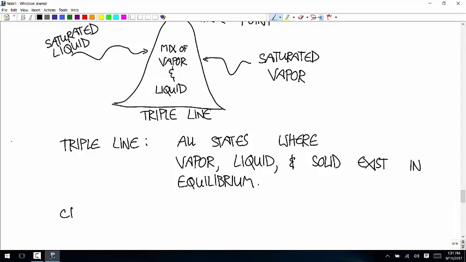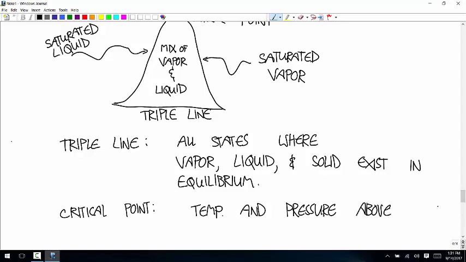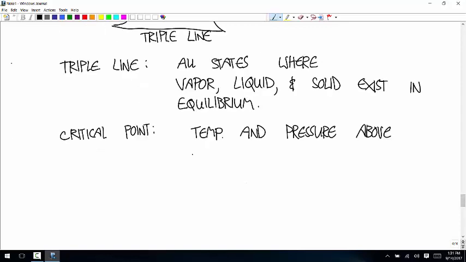The critical point represents a temperature and pressure above which there's no distinction between gas and liquid.